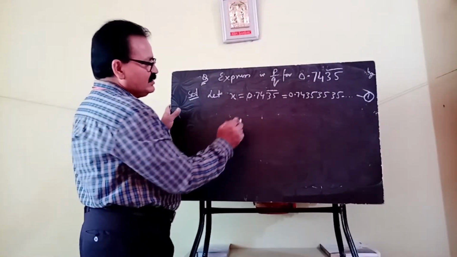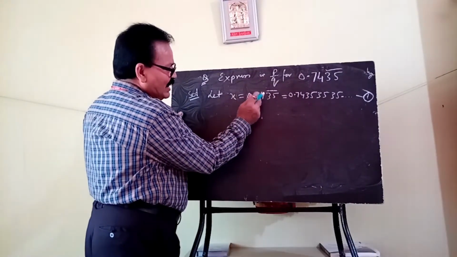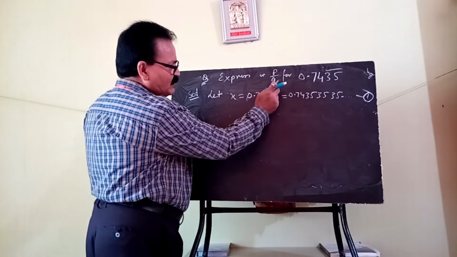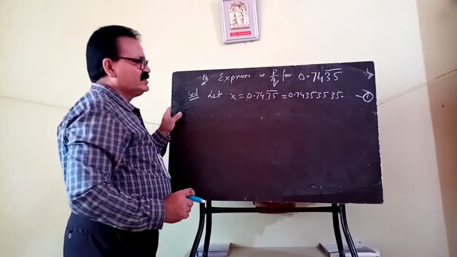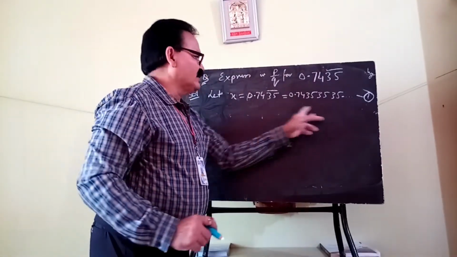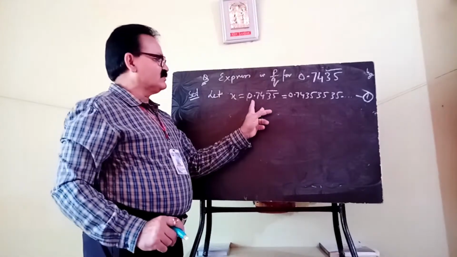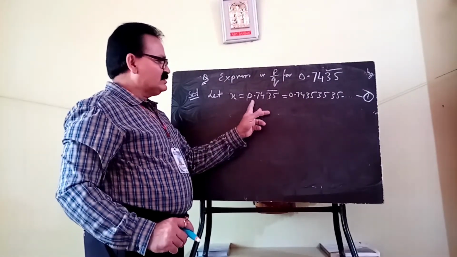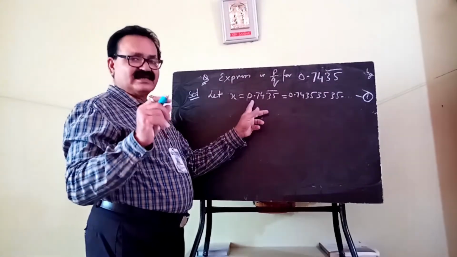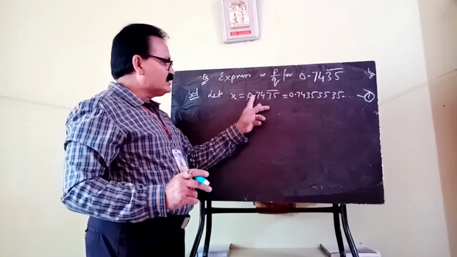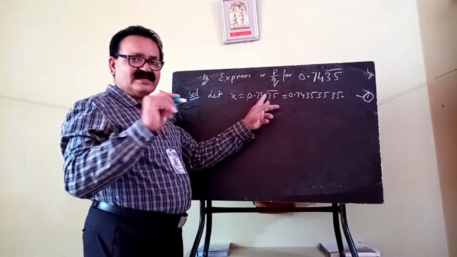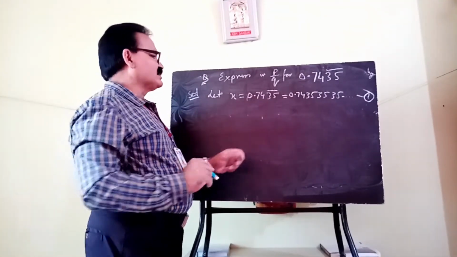In this case, the decimal is here and after 2 decimal places there is a bar over 3 and 5. So you first multiply equation 1 by such a multiple, like 10, 100, whatever it may be, so that the decimal will shift to the place where the bar starts.